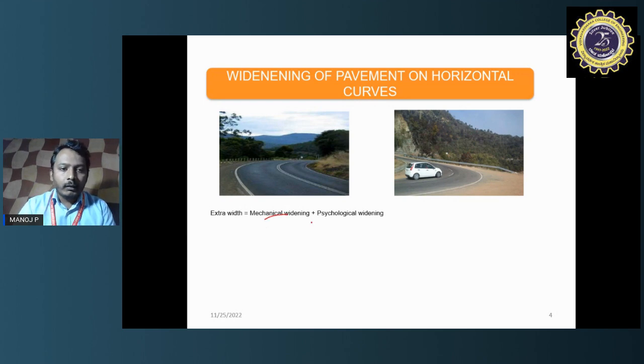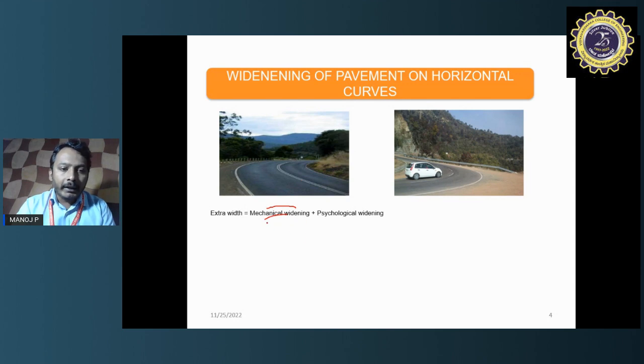The term mechanical widening is with respect to the condition of the vehicle. When you maneuver your vehicle along the curve, there will be some amount of off tracking.